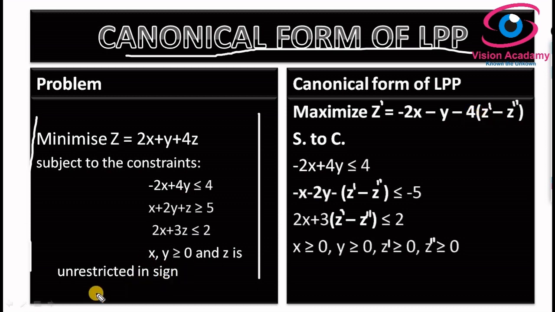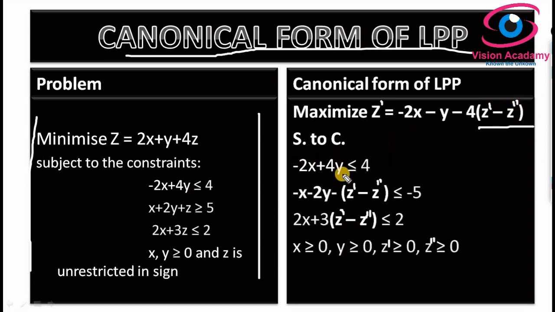It was unrestricted in sign, we have restricted it in canonical form. Wherever we get z, either in the objective function or subject to constraints or non-negativity, we will indicate it by z dot minus z double dot.